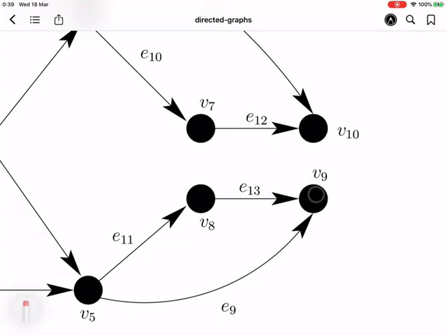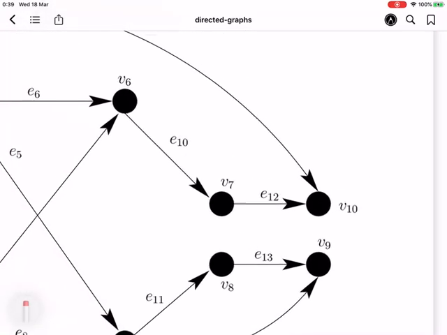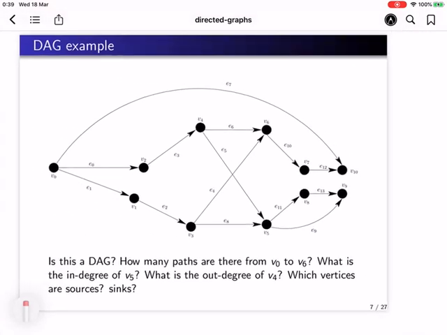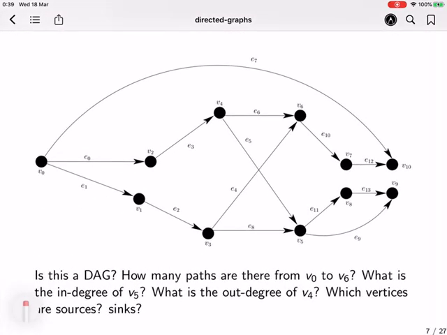E13 enters V9, E9 enters V9, but no edge emanates from V9, therefore V9 is a sink. What about V10? Same thing. We have 2 edges which are incident to V10. They enter V10. 0 edges emanate from V10. Therefore, V10 is a sink.